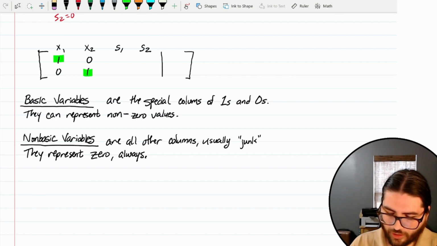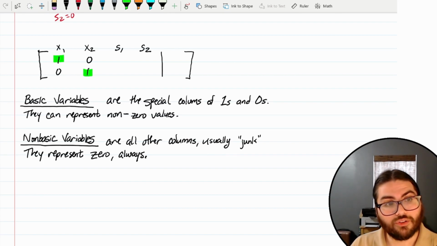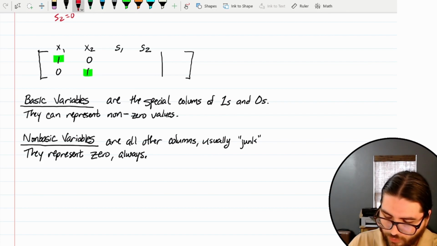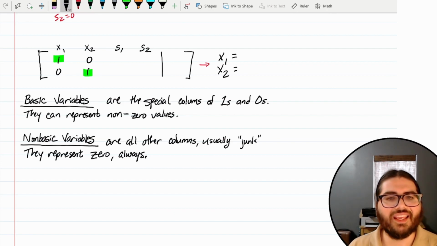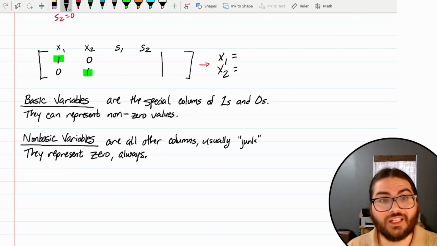So in this particular matrix, you notice how my pivot points are at x1 and x2. That tells me x1 and x2 are going to be taking a number value, not 0. Well, it may be 0, but the 0 will actually show up in the matrix. I'll show you that. S1 and S2 would not be.